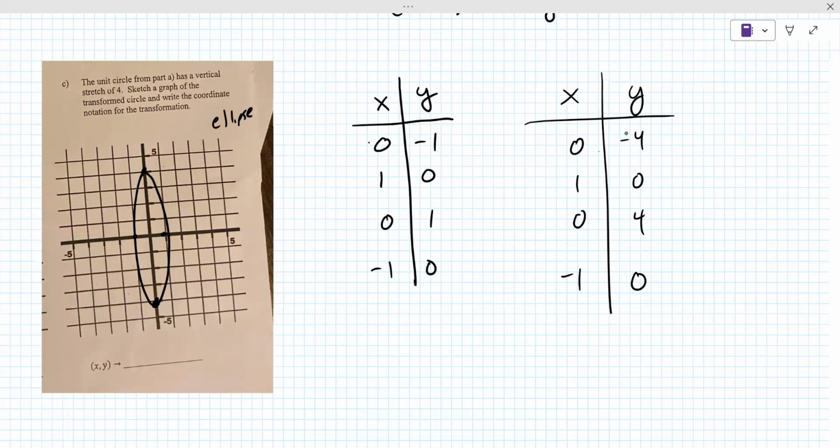All right. So with this one, when writing the formula, let's go back to the original. Okay, and notice that what's happening is that the y values are getting bigger. So that 4 goes there in front of the y. Oh shoot.